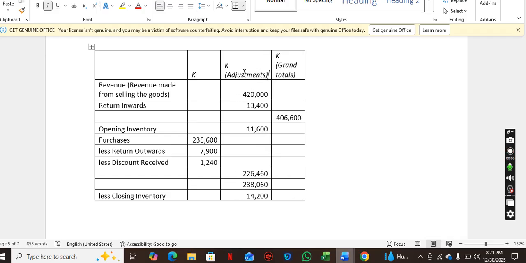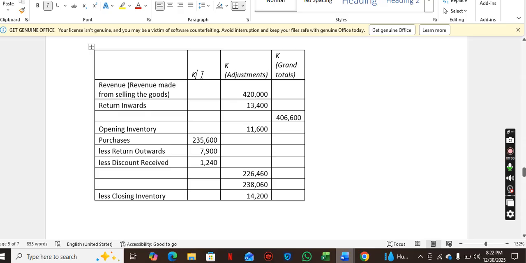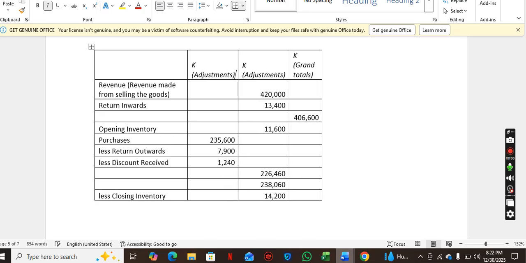This is where you're doing the adding and subtraction. Even in the grand totals there'll be some addition and subtraction, but most of the workings are done in this second column. This first column is also for adjustments, but mostly the only adjustments you are going to see are those that have to do with purchases.